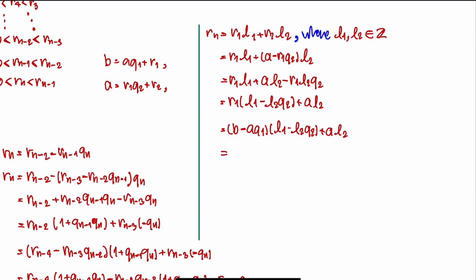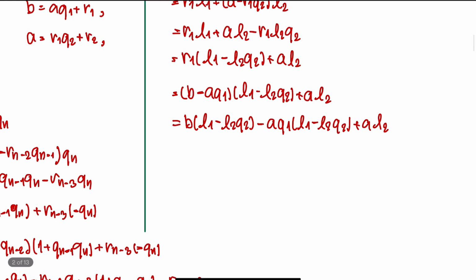And distribute this term so that we're going to have B L1 minus L2 Q2 minus A Q1 (L1 minus L2 Q2) plus A L2.